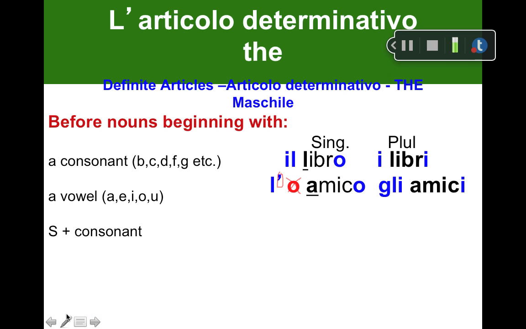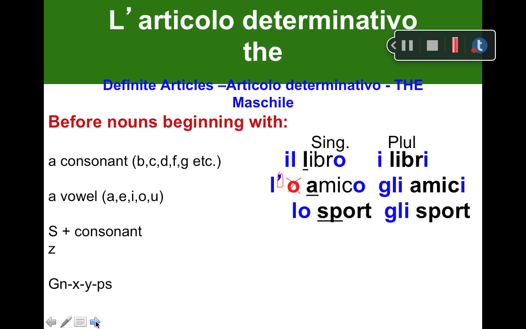And then we have S plus consonant: lo sport, gli sport, Z, GN, X, Y, PS. All the cases that we saw with uno are again with lo.